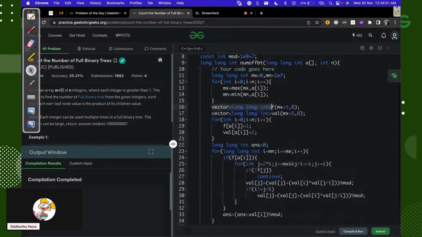Long long int f of mx plus 1, long long int val of mx plus 2.